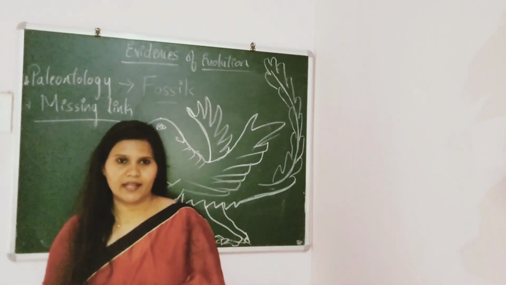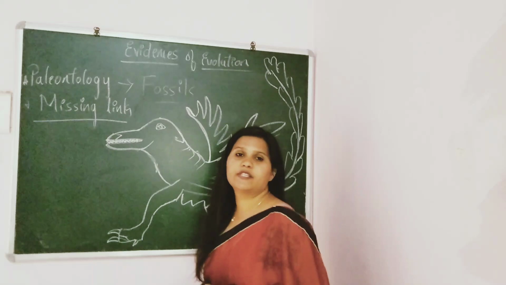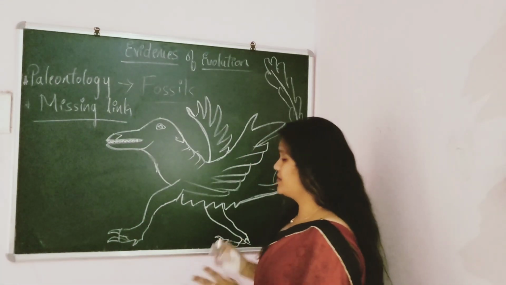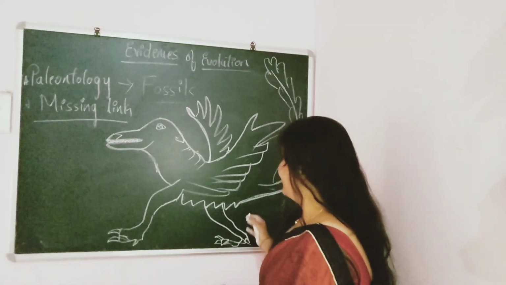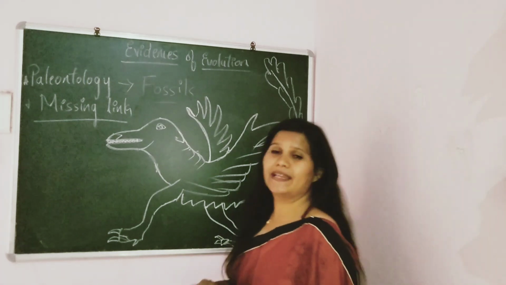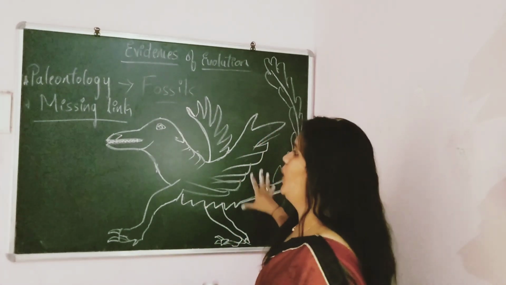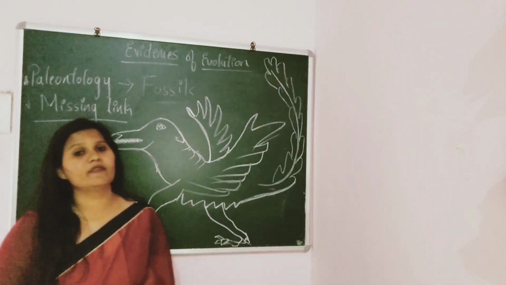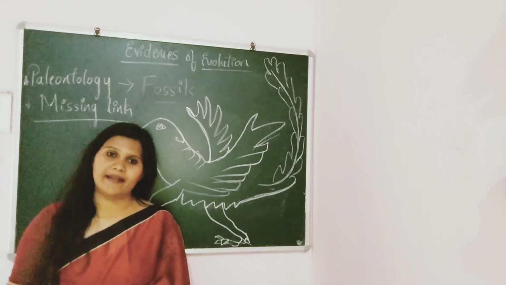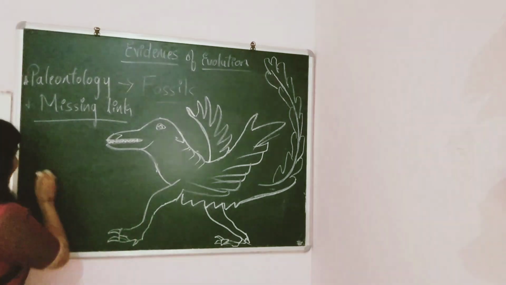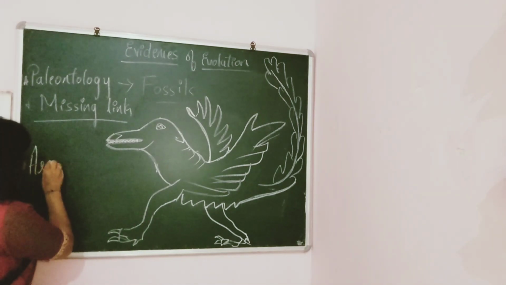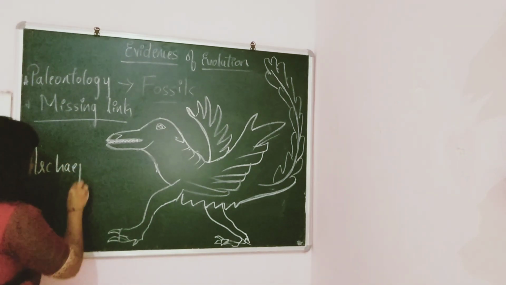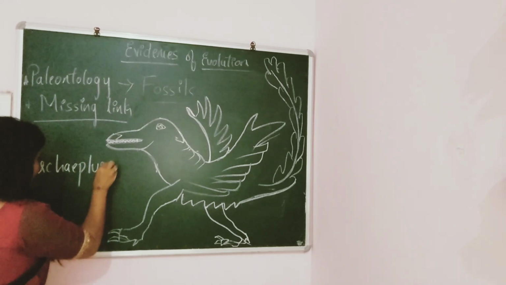So let me tell you about it. I said missing link. See, have a look at this picture. This is a weird organism, as I don't know how to draw it neatly. This is how the bird looks. In fact, it is the connecting link between the reptiles and birds. So his name is Archaeopteryx.